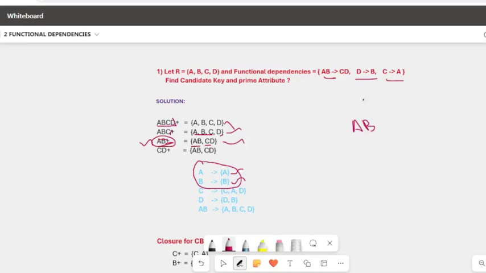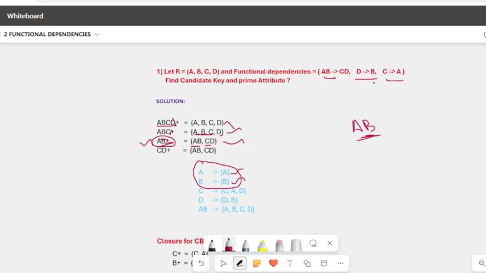Next we determine whether this AB is available on the right hand side of my functional dependencies. Yes, for AB, AB is available.